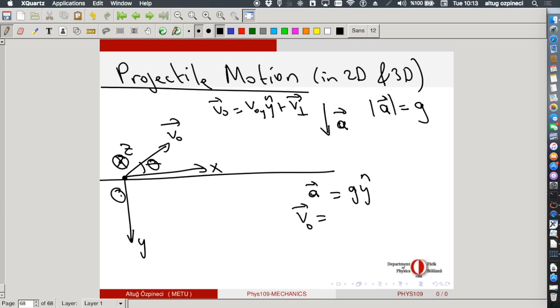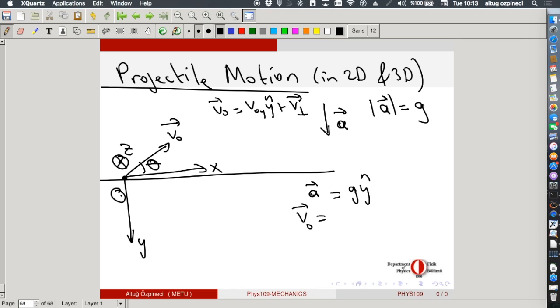If we make that choice, in that case there is no z component. So I already eliminated the z component of V0. Whatever the initial V0 was, I can always choose my axis such that V0 only has the y and the x components and doesn't have any z component. It's not a property of V0 itself, it's how I choose my coordinate axis that there is no z component.